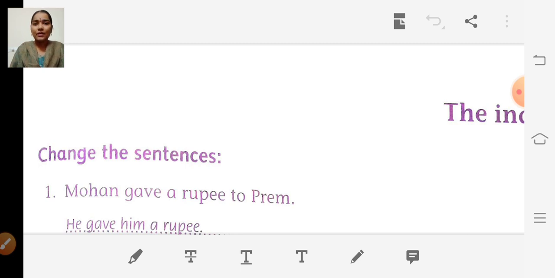If more than one person is there in the given sentence, like the children or the people, then we have to rewrite it as they or them. So these are all the indirect forms for the given words.